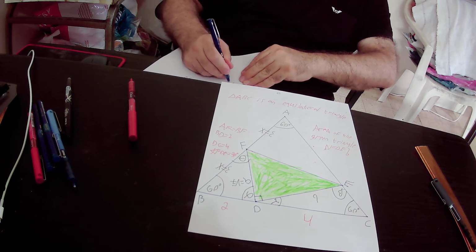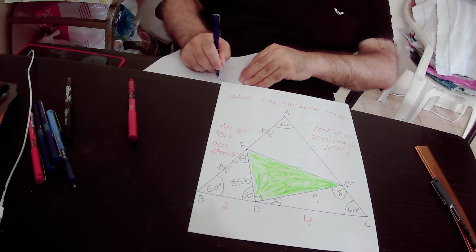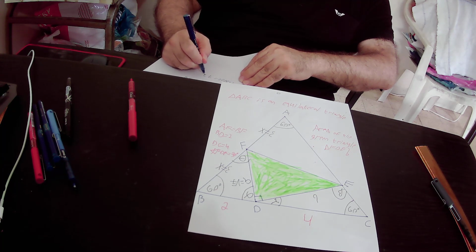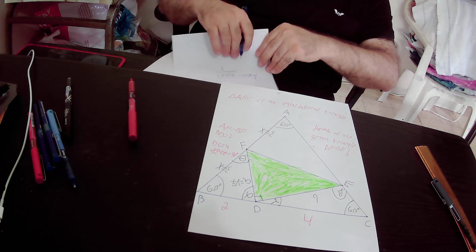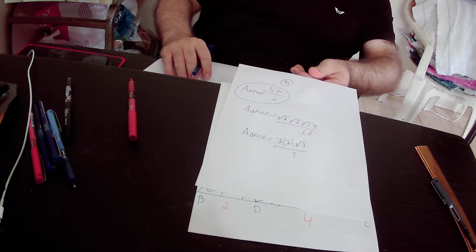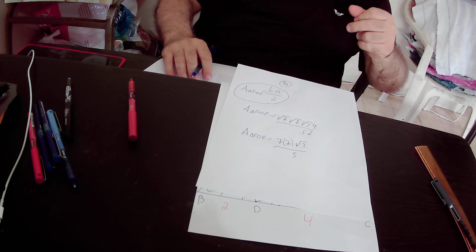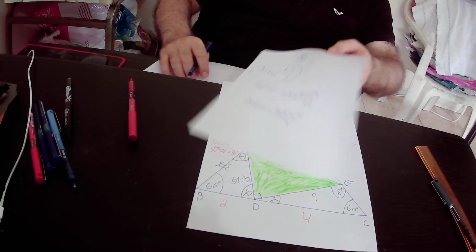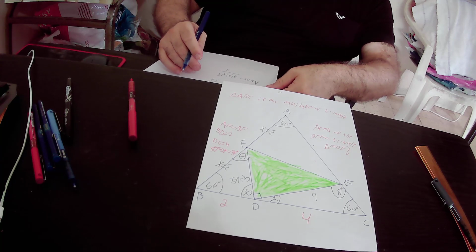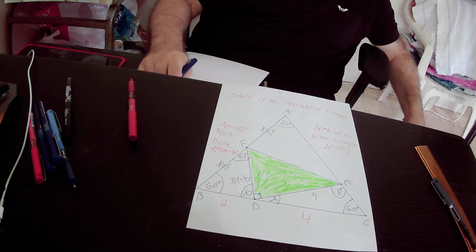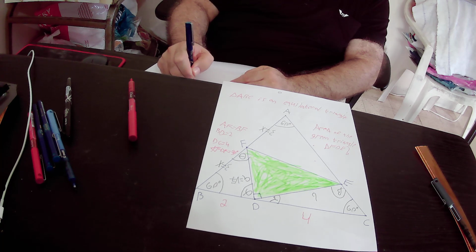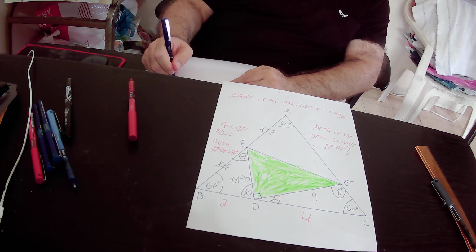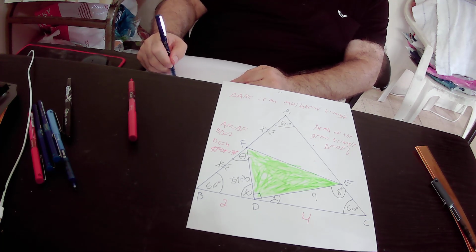The area of the green triangle FDE equals 7 times 2 times root 3 over 5. 7 times 2 is 14, so the area of the green triangle FDE is equal to 14 times root 3 over 5 square units.